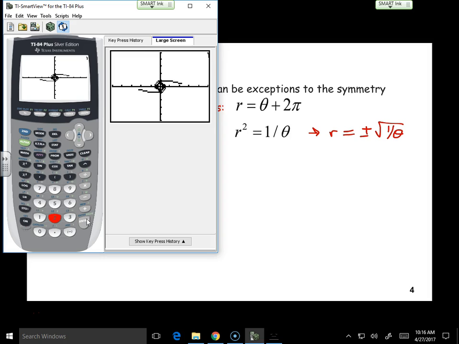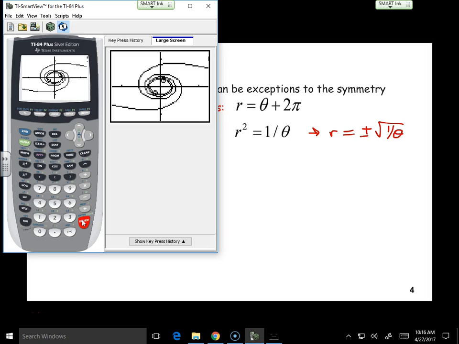It's like a little vortex. It keeps on going in and in and in. I made my window keep going even more. So this was just going to keep on spiraling in and in. So it does kind of seem to have pole symmetry, but it is kind of hard to see. But anyway, this one's pretty nifty too.